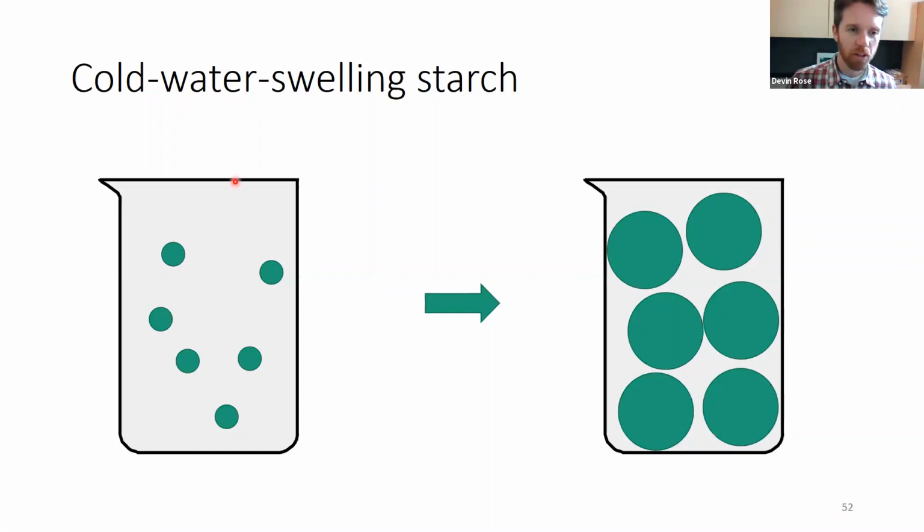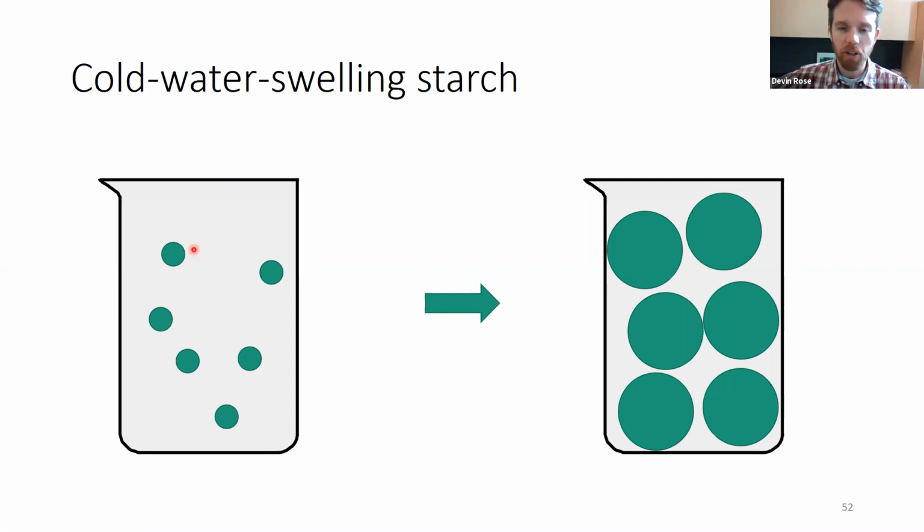Cold water swelling starches are made by taking granular starch and mixing it into a non-solvent, commonly ethanol. You would mix starch with ethanol and then heat it to a really high temperature, like 120 degrees Celsius, for a really long period of time, like several hours.